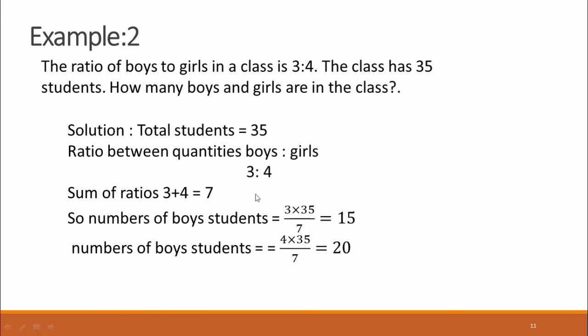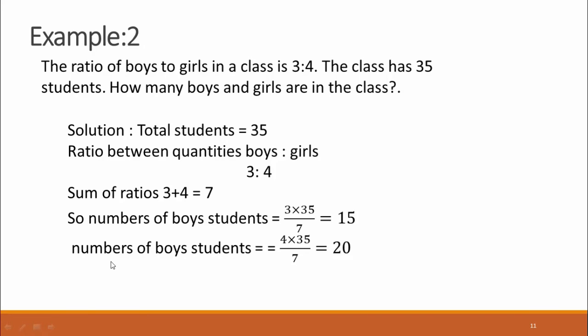Now we can write the number of boy students in the class. In the sum of the ratio, the number of boy students is 3. So the number of boys is 3 over 7 multiplied by the total, 35. After simplifying, 7 ones are 7, 7 fives are 35, and 3 fives are 15.